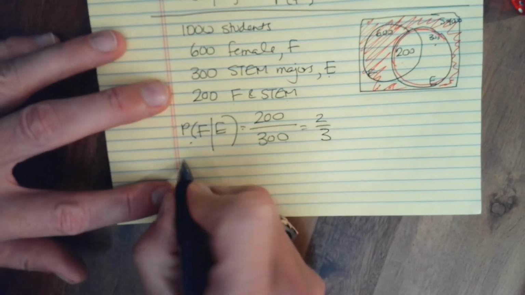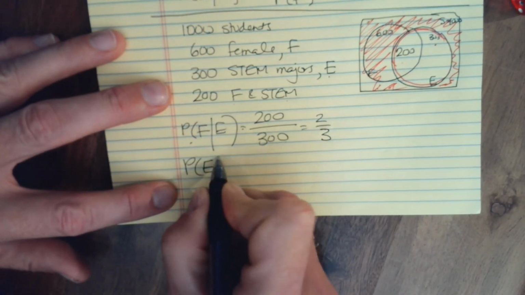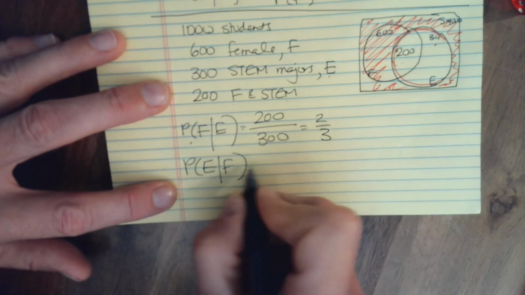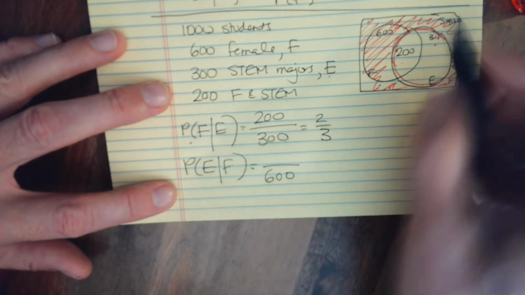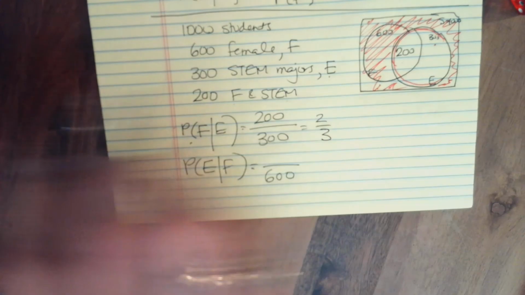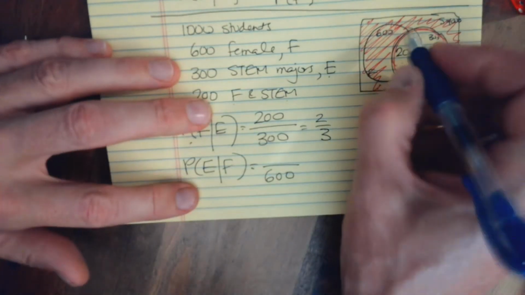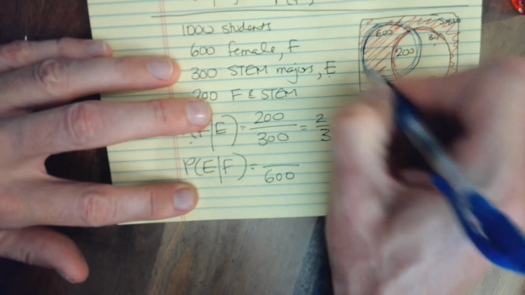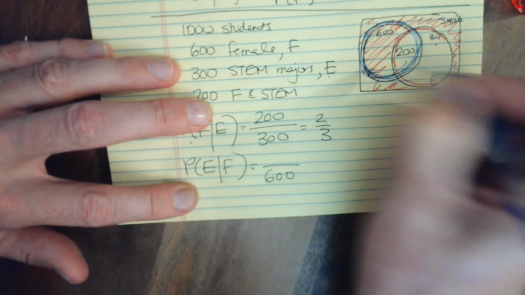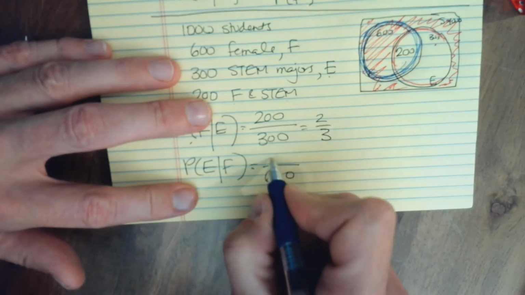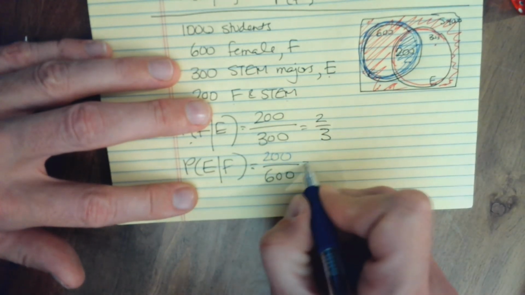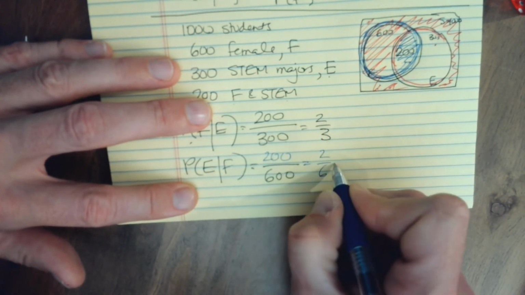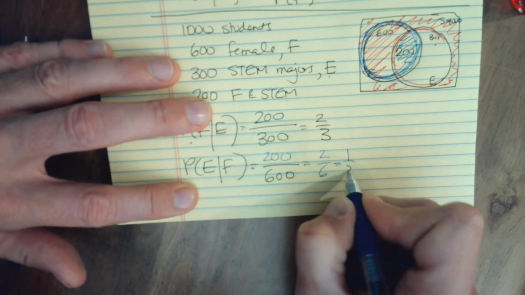Now, I want to point out, if we reverse the order, engineering given female, that this changes. There were 600 students who were female, so this is our new pool. Of those 600, 200 are engineering. So this is 2 out of 6, or 1/3.